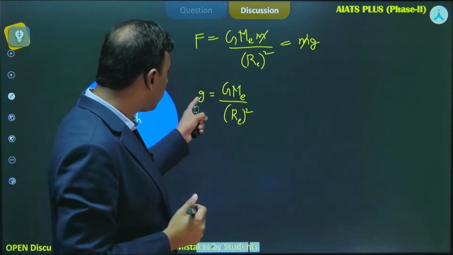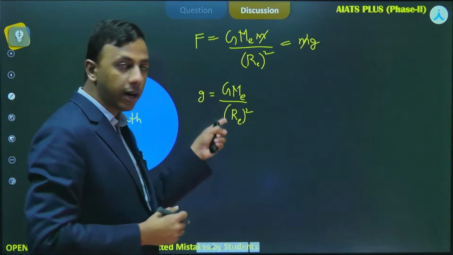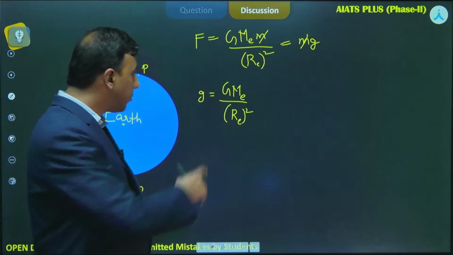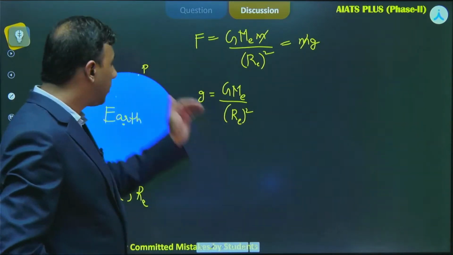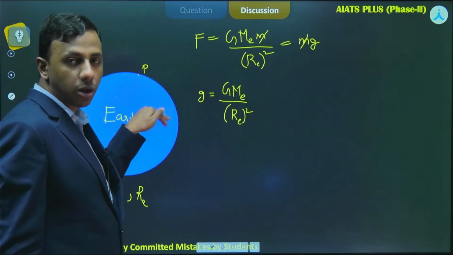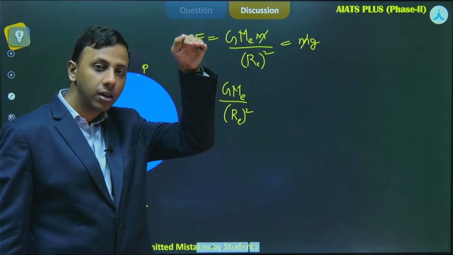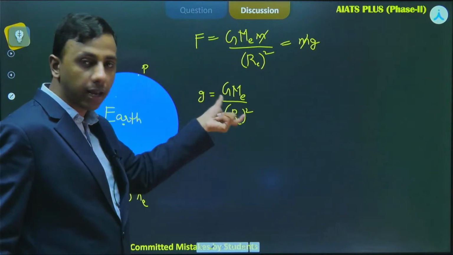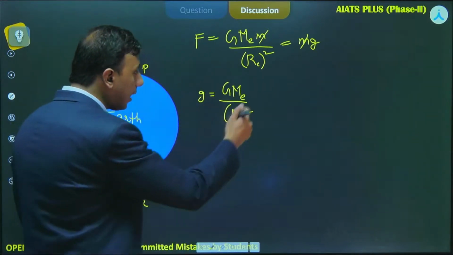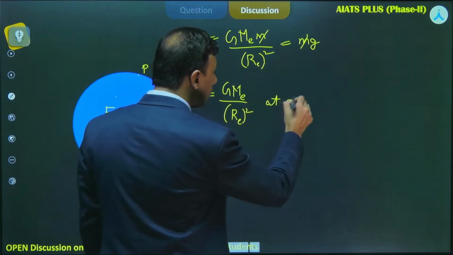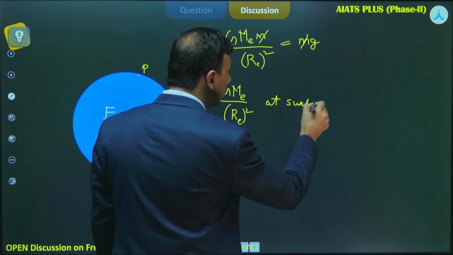So this expression connects small g with mass and radius of the planet. And remember, where are we finding this g? Are we finding it at a depth, or at a height from the surface, or at the surface? This has been found exactly at the surface, okay? Remember, at the surface only we are talking about.